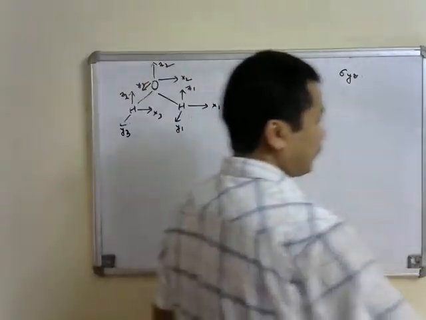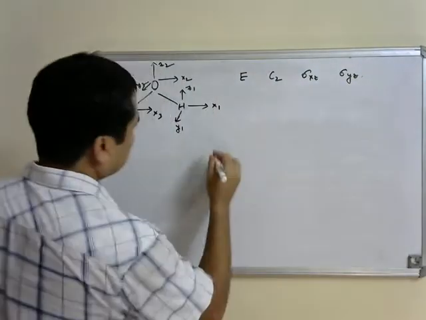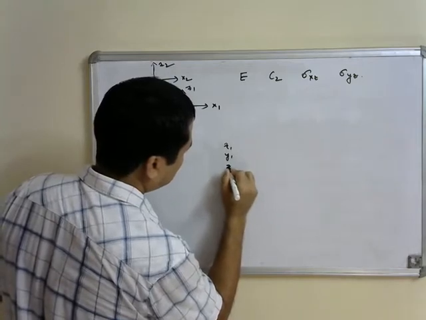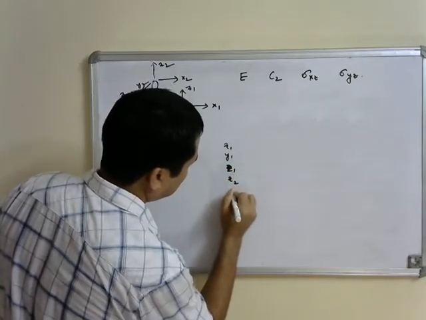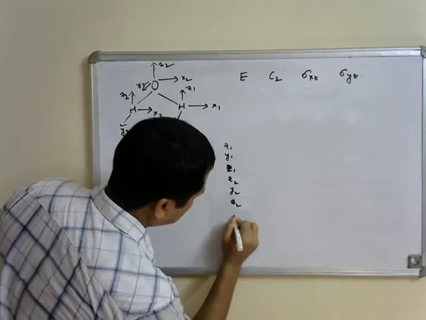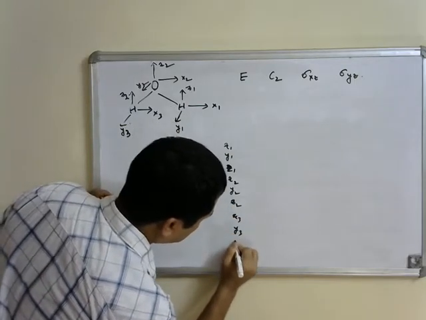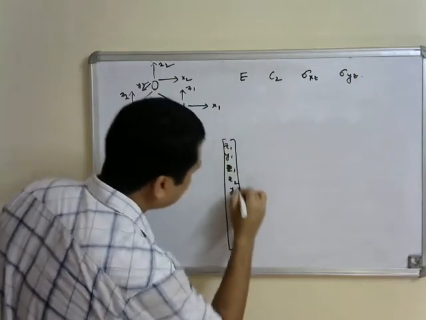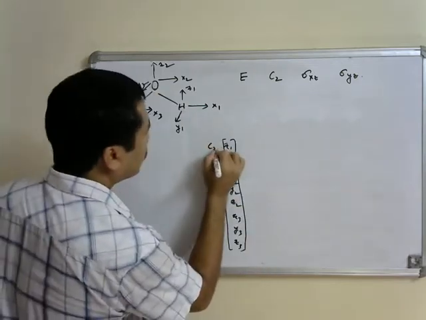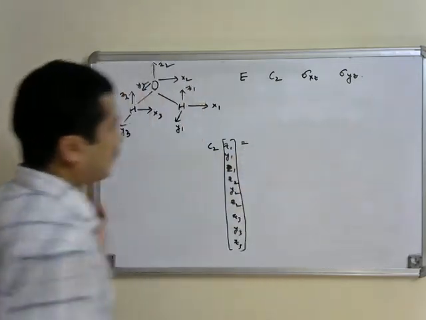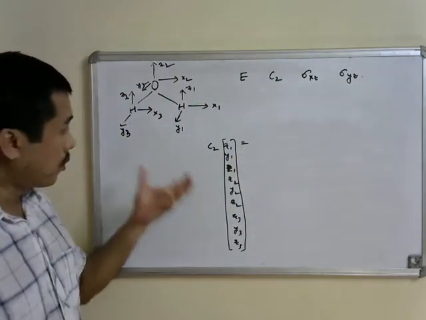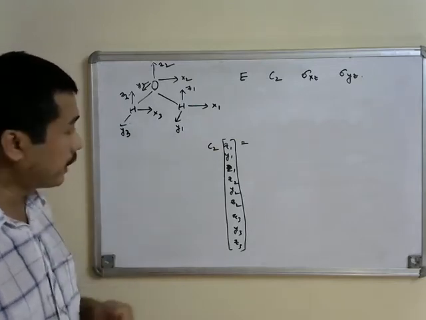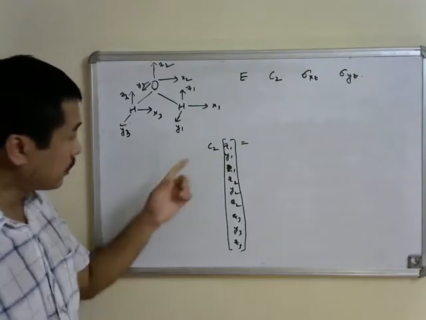So let us write the initial column vector and then do the C2 operation, and let's find out what happens to these displacement vectors when we do the C2 operation, before we write the matrix representation for the C2 operation.